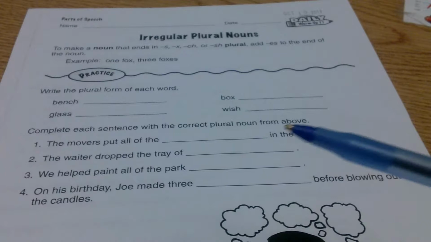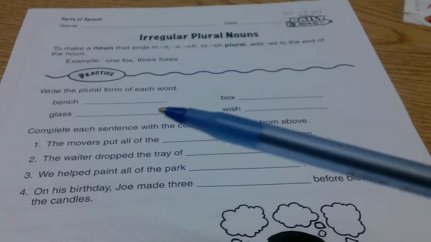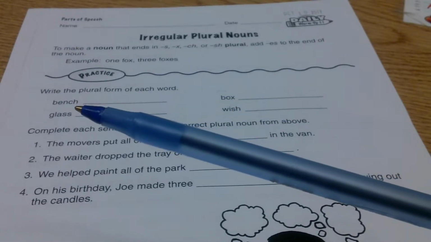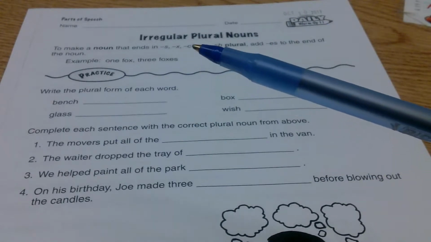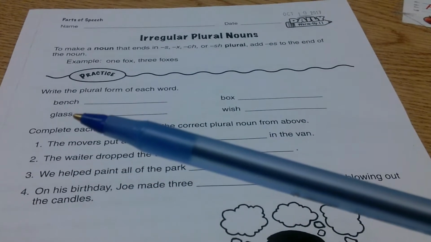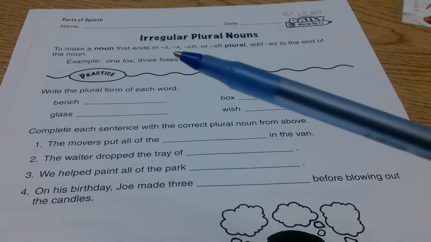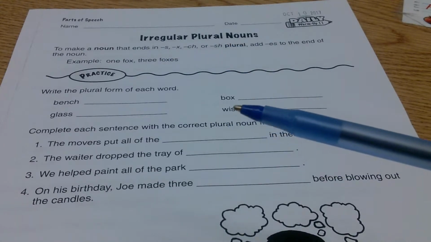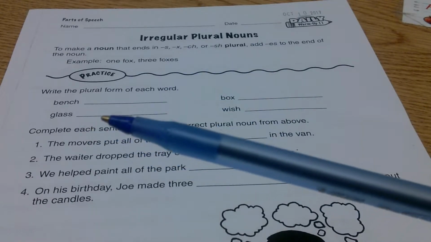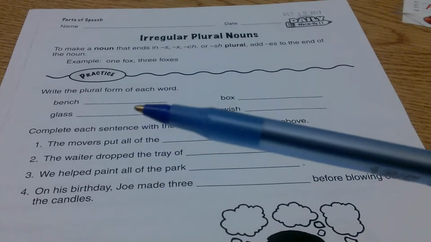It says write the plural form of each word. Now all of these fit. This one ends in CH, which is right there. This one ends in S. This one ends in X. And this one ends in SH. So it says that we're going to add ES to the end of the noun.